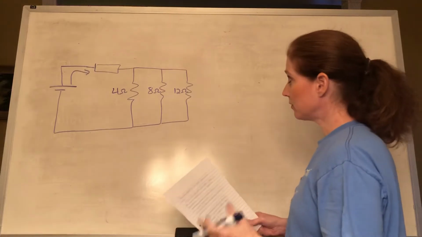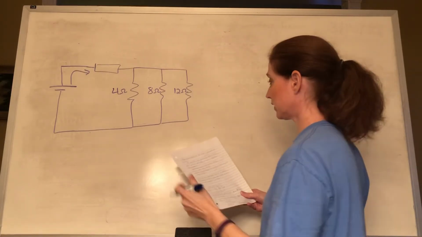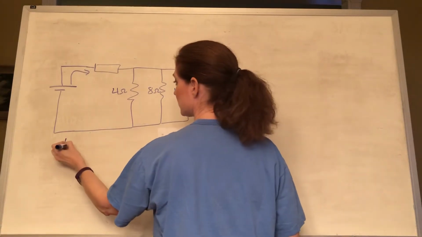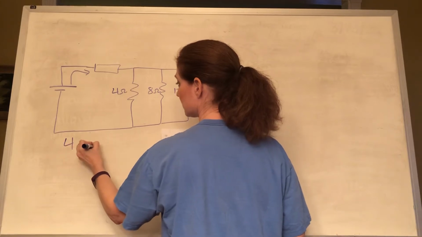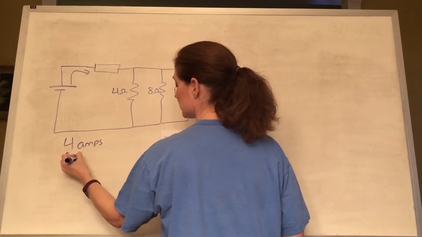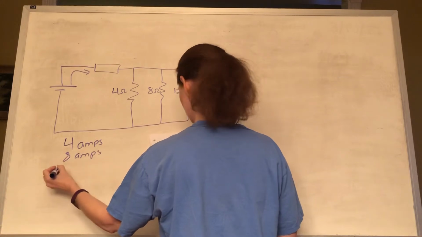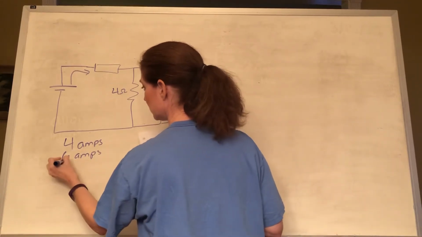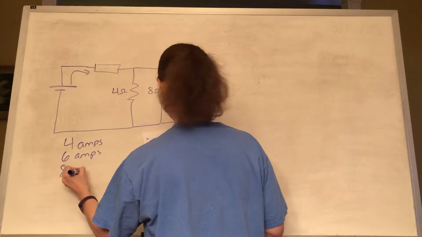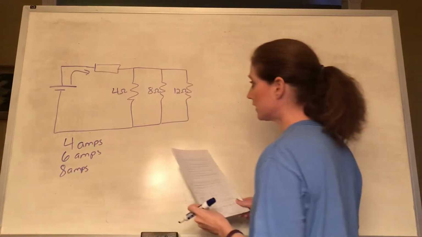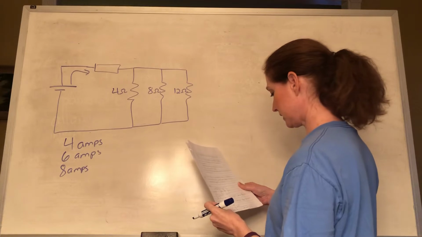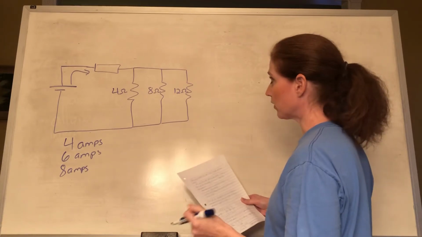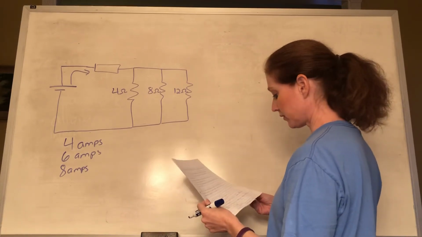I want to know how big of a fuse to put on this circuit, and we're looking at our choices of 4 amps, 8 amps, actually 4, 6, or 8. Okay. And then the other thing we want to determine is how much power is going to be going through.